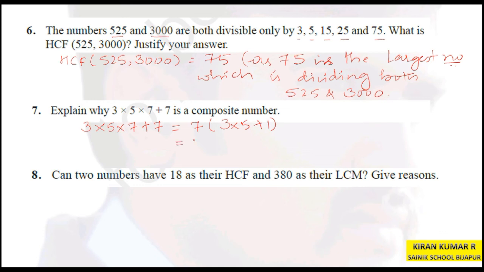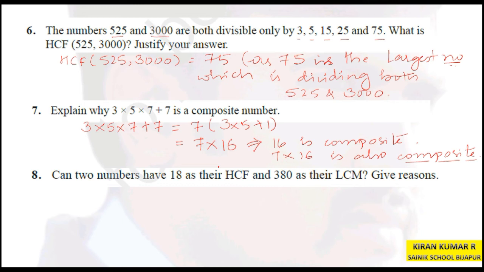It is nothing but 7 multiplied by 16. Here 16 is composite. So 7 into 16 is also composite. Composite means it is having more than two factors.